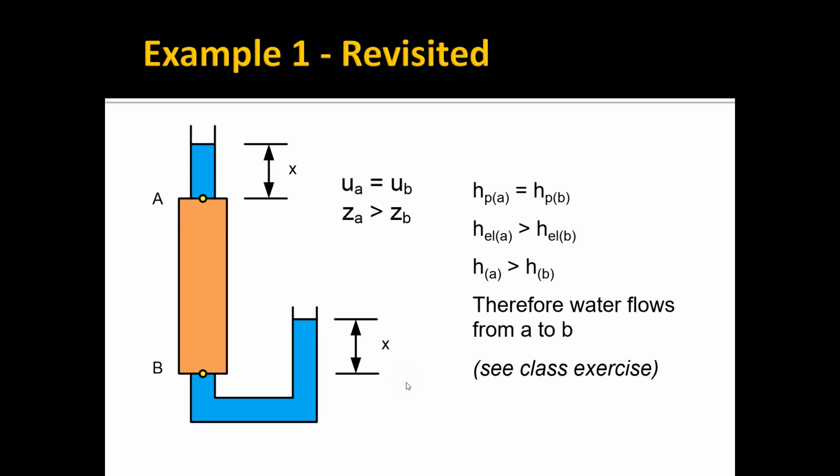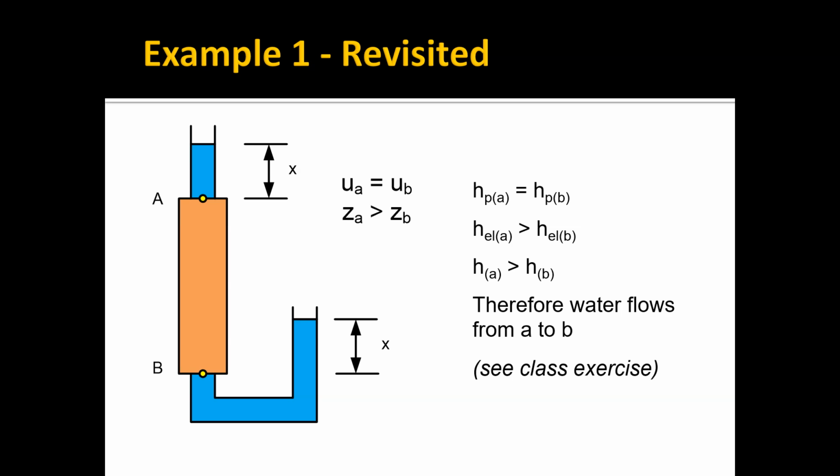Okay, let's revisit this in light of our current understanding of Bernoulli's equation and label a few things. As you may recall, we have water above point A at a height of x and water above point B at that same height, and that water is representative of the pore pressure, and it's also a direct representation of the pressure head.